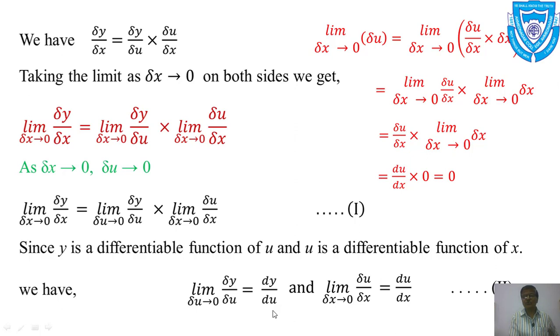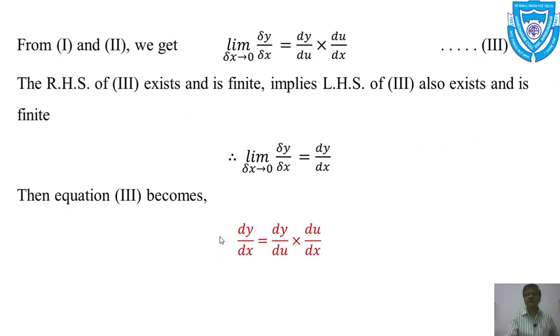So if we use these two things in equation 1, then equation 1 becomes the limit as delta x tends to 0 of delta y upon delta x is equal to dy by du into du by dx.